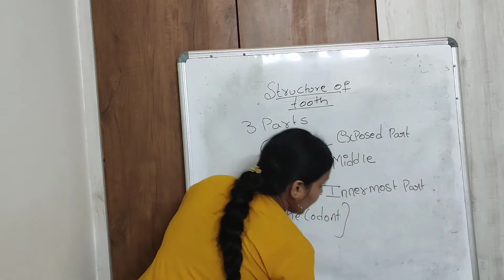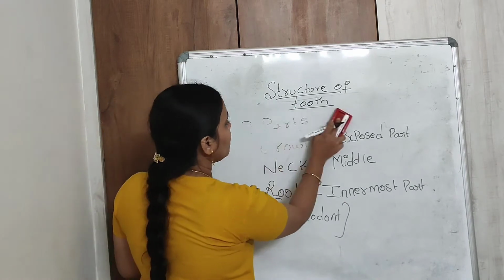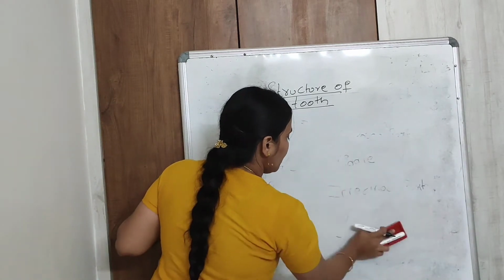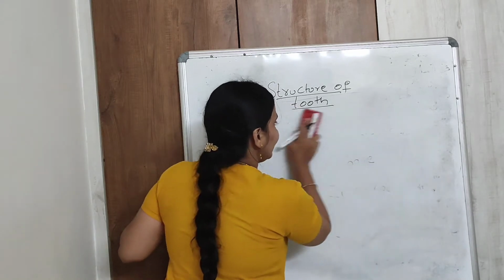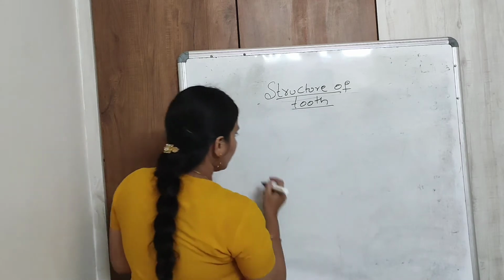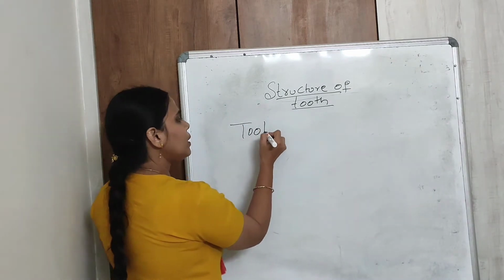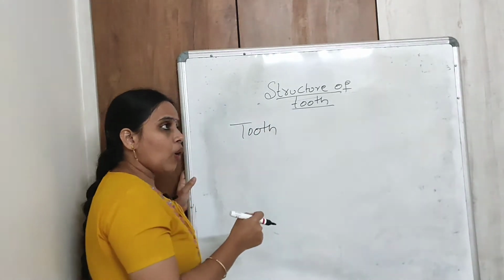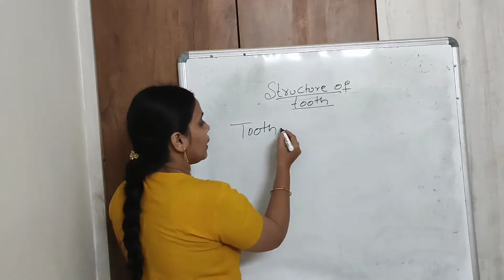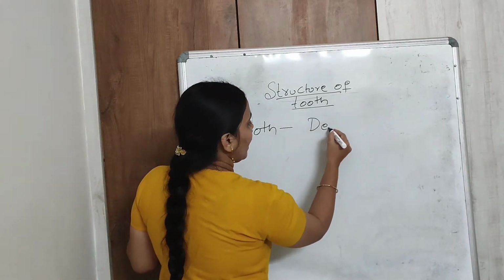Right. Now, our tooth is covered by a membrane called dentine. All the parts, like the crown, neck and the root, are covered by a membrane called dentine.